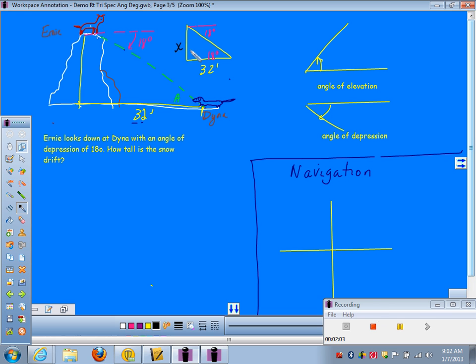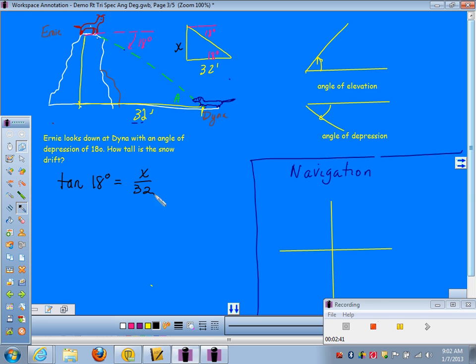We need an opposite, and we have adjacent. So if we need opposite and we have adjacent, opposite over adjacent is which trig function? Tangent. So we're setting this up with tangent of what angle? Of 18 degrees is opposite, which is x, over adjacent, which is 32.